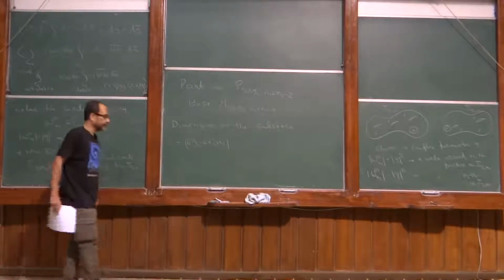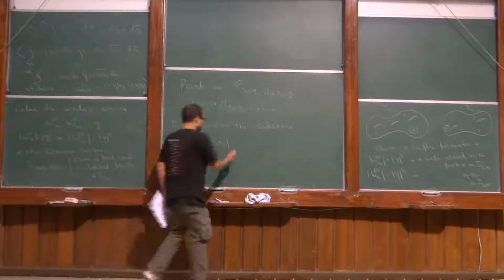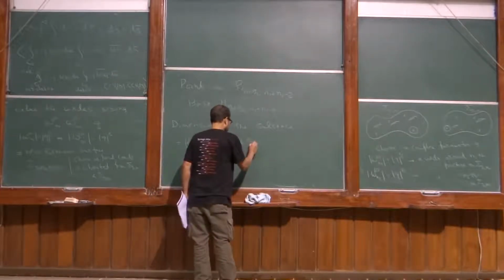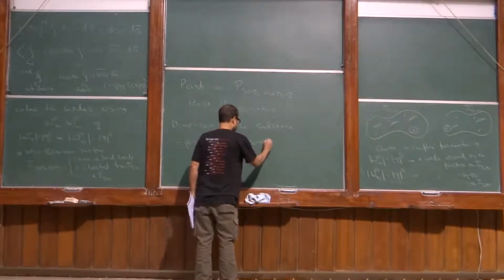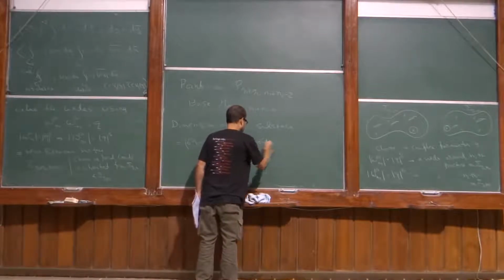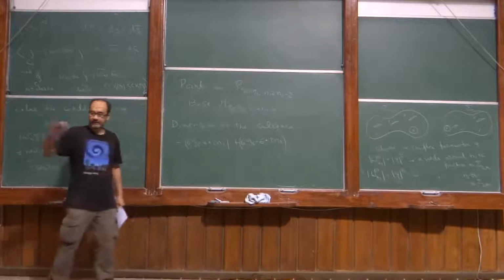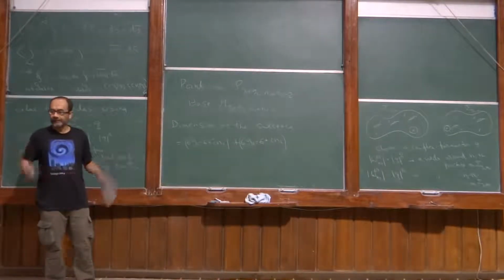Then we have 6g2 minus 6 plus 2n2 from the second subspace from Pg2 n2.